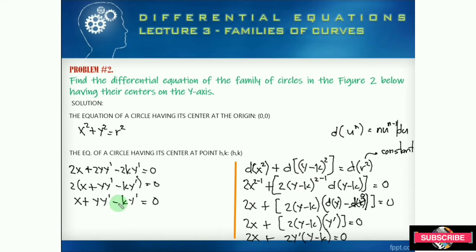So we transpose this to this side: x plus y prime equals k y prime. So k is equal to x plus y prime over y prime. This is now our equation number 2.